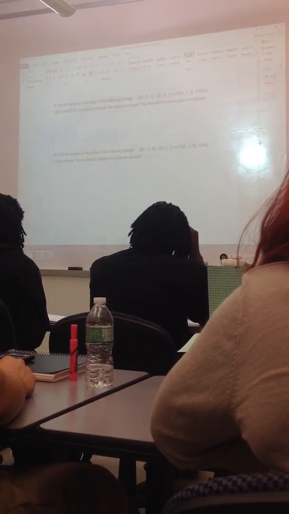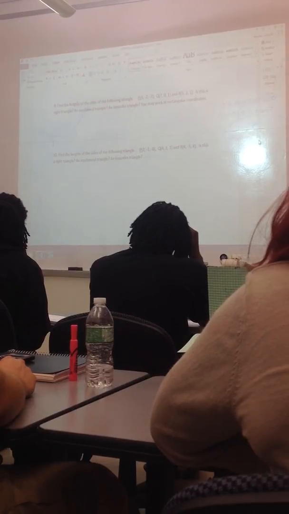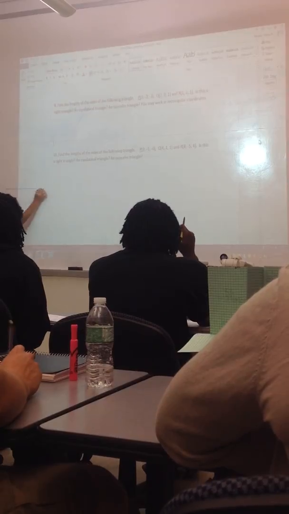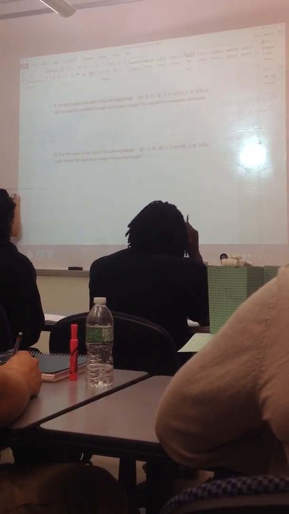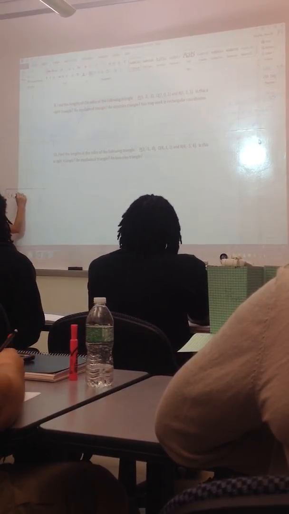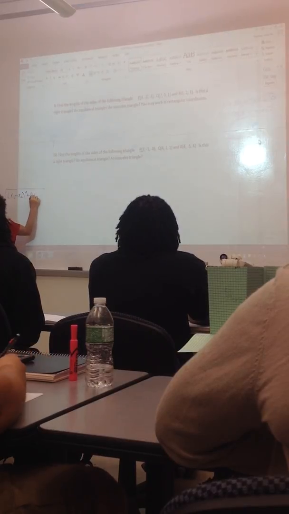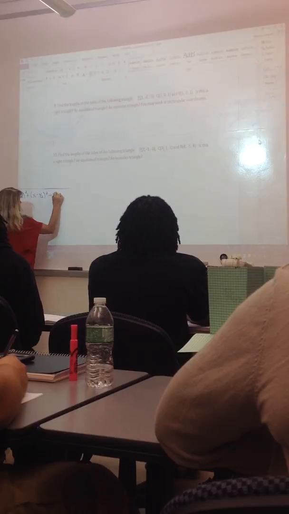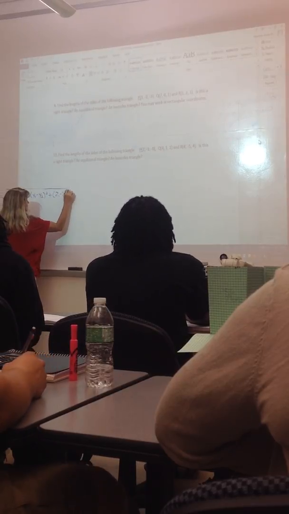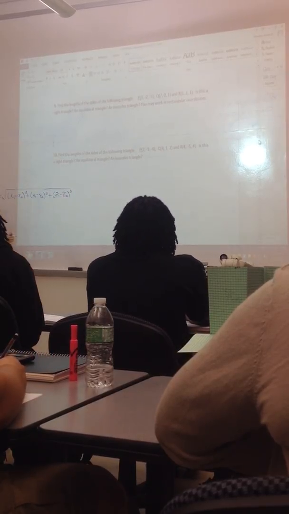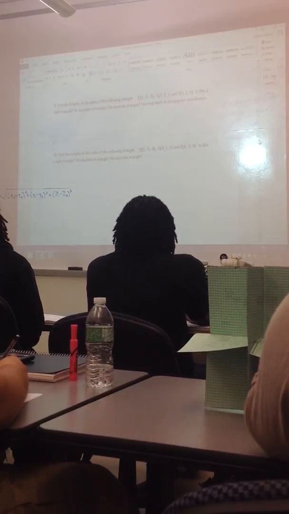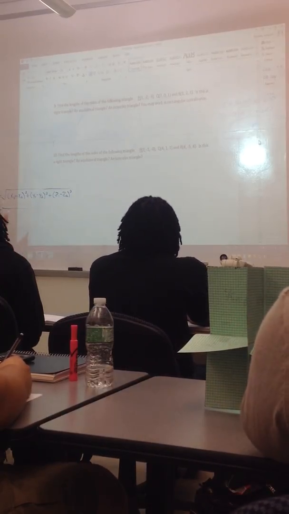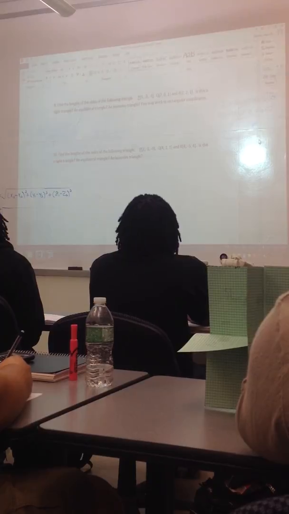You follow the formula that's on the top of our packet of notes. So distance is the difference between the x's, so picking the first two, P and Q.